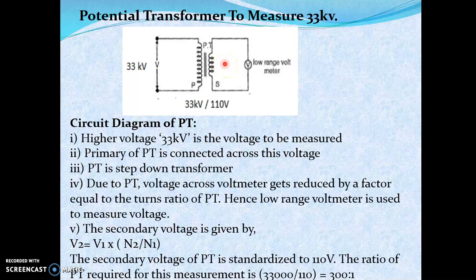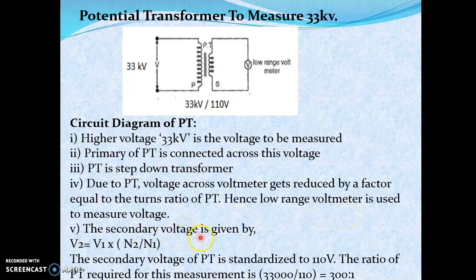So in order to measure a small range voltage, the higher voltage 33 kV is the voltage to be measured, and the primary of PT is connected across this voltage. So PT is a step down transformer. Due to the PT, voltage across the voltmeter gets reduced by a factor equal to the turns ratio of PT. Hence, a low range voltmeter is used to measure voltage.